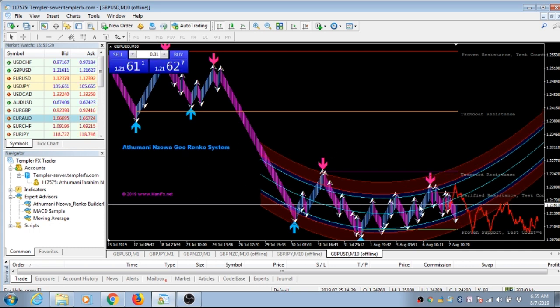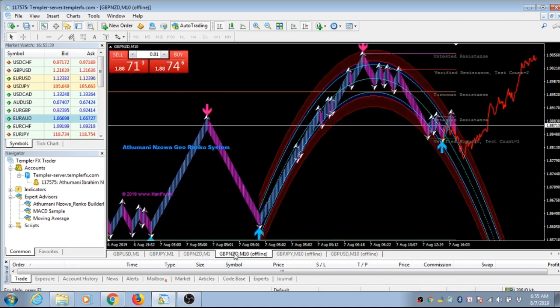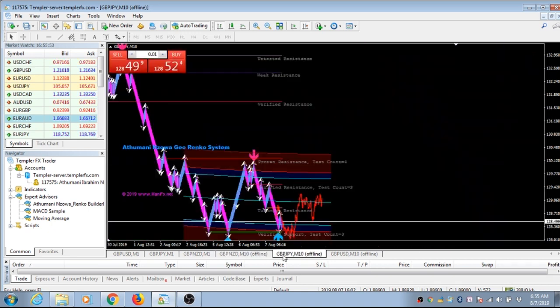So once you have a U shape like this of the regression channel, it's a great setup for you to go up. Compared to GBP NZD here, whereby we have a regression channel pointing down in an N shape, it means that you should only focus on going down. So this is the key thing that you should focus on.